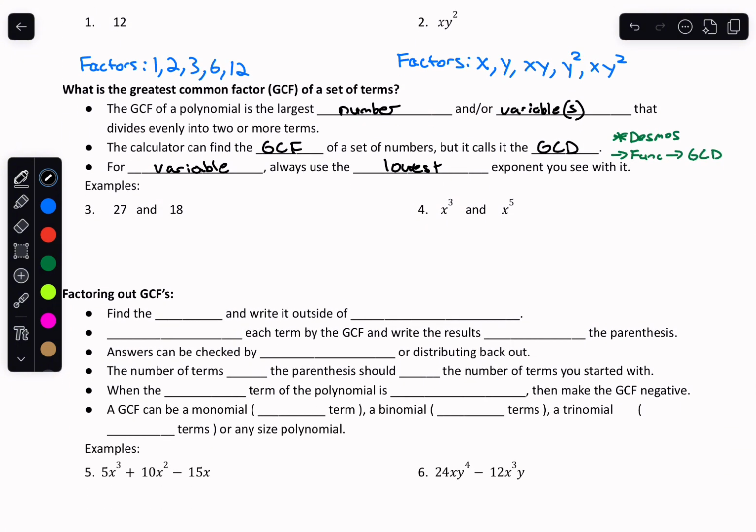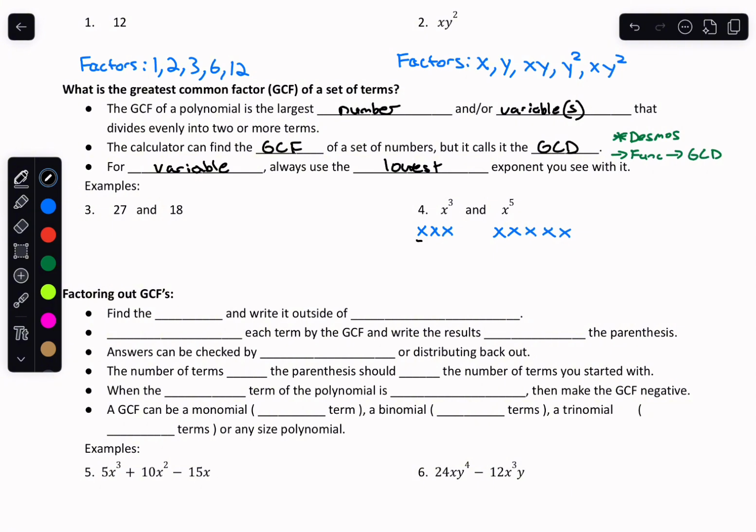So for number 4, we have x cubed and x to the 5th. If we were to write out these terms, x cubed is x times x times x, and x to the 5th is 5 x's next to each other. The GCF is going to have to be the biggest number of x's that shows up in both of these.